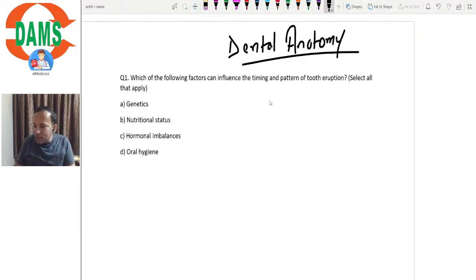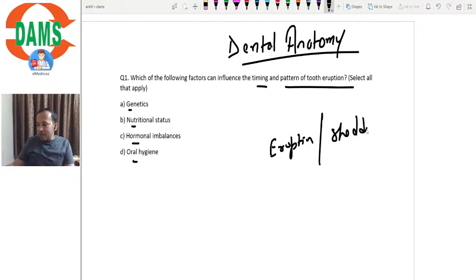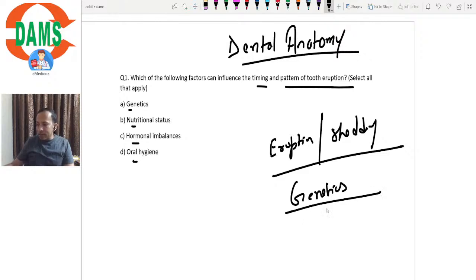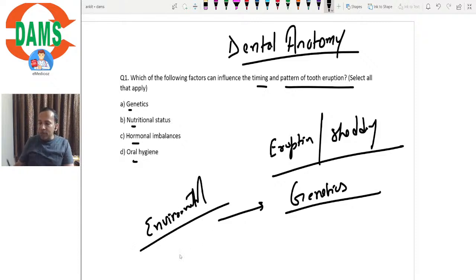Which of the following factors can influence the timing and pattern of tooth eruption? Options are genetics, nutritional status, hormonal imbalance, and oral hygiene. As we have studied in class as well, the eruption or shedding are largely controlled by genetics and they are influenced by environmental factors.